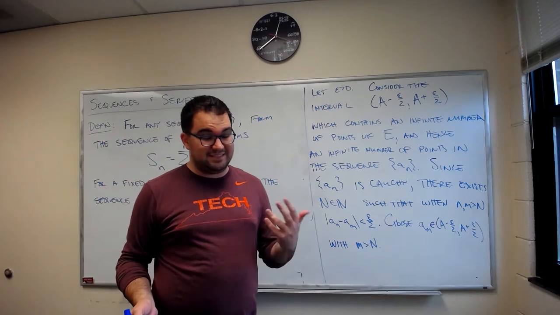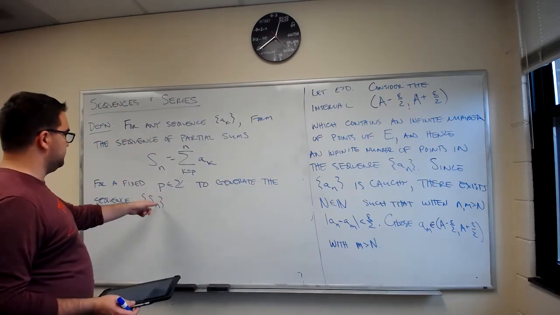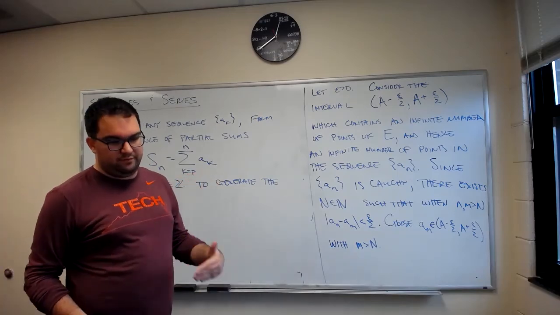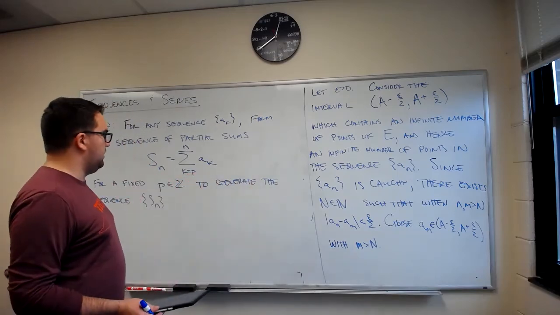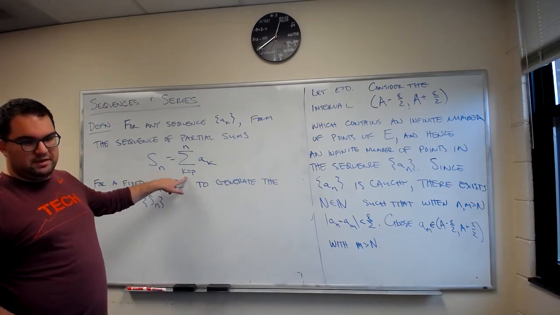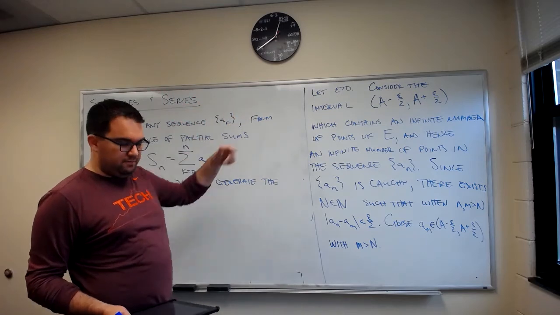So you've probably seen this before. We're working our way up to an infinite series, and we're going to look at this sequence of partial sums. Often our p-value is 0 or 1, depending on where we're starting from, but generally we can start at some integer value, and the sequence of partial sums is just working our way up from there.